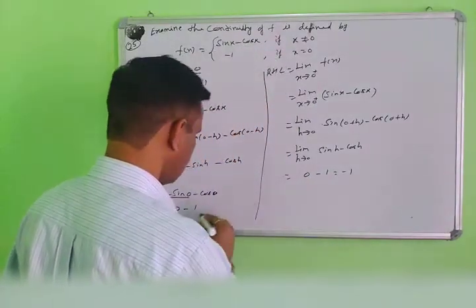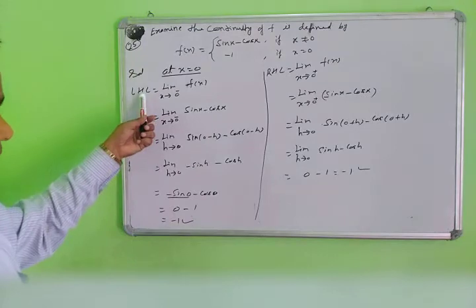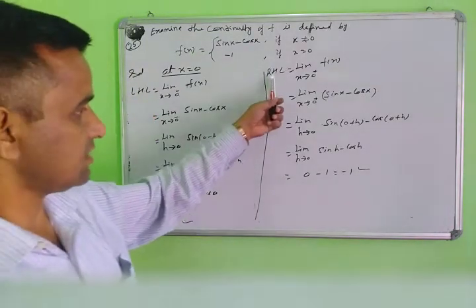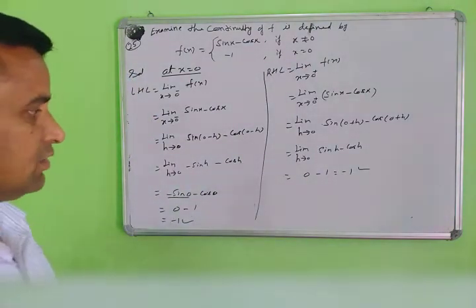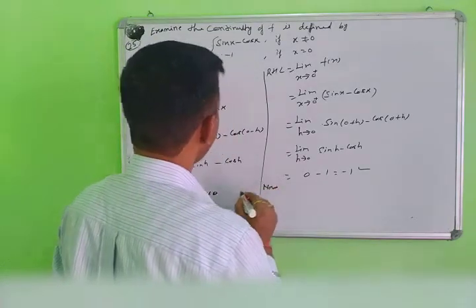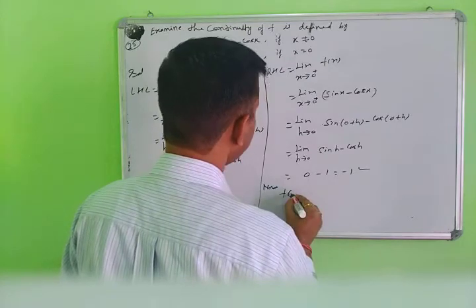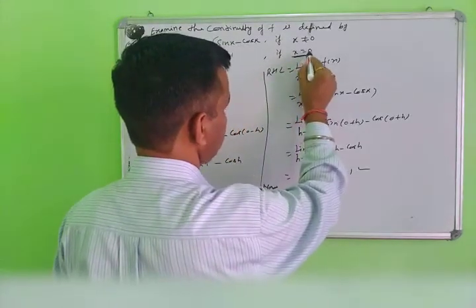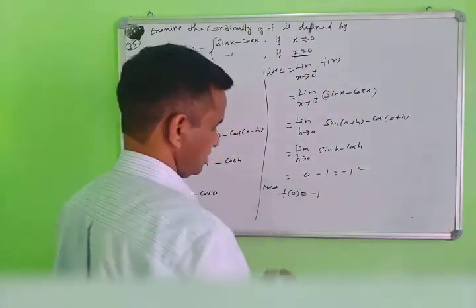So the LHL value and RHL value come out the same: the LHL value is minus 1 and the RHL value is minus 1. So both are equal. Then find the value of the function. Now f(0): when x equals 0, the function is directly minus 1, a constant function.